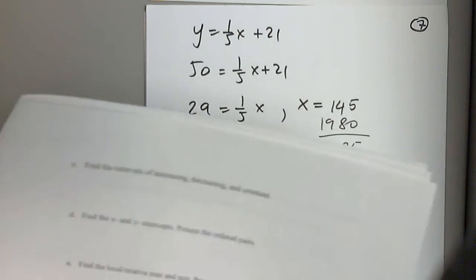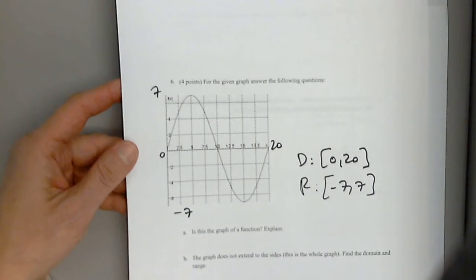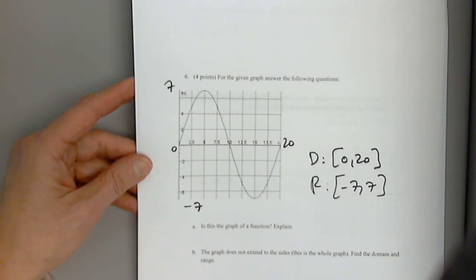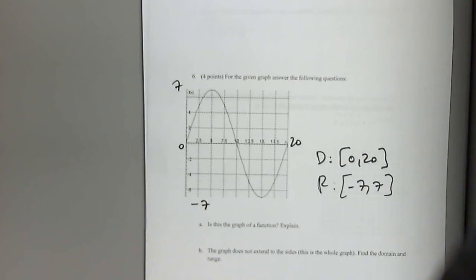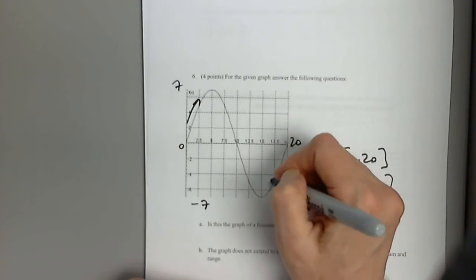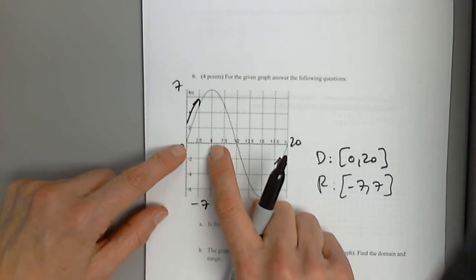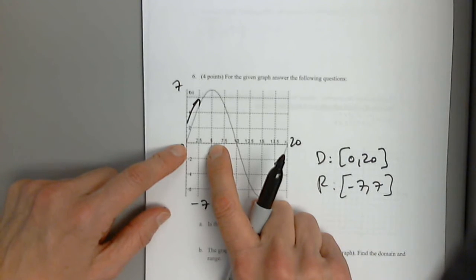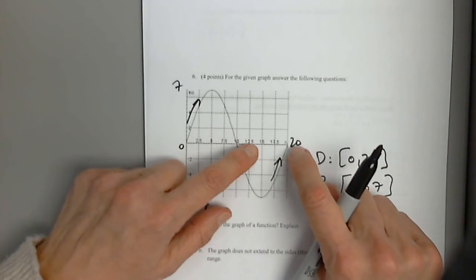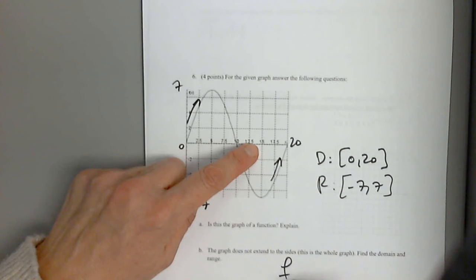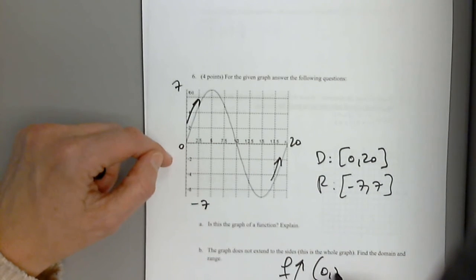Find intervals of increasing, decreasing, and constant. Is this function ever constant? No. Is it increasing? Yes, from 0 to 5 and from 15 to 20. So f is increasing on 0 to 5 union 15 to 20.